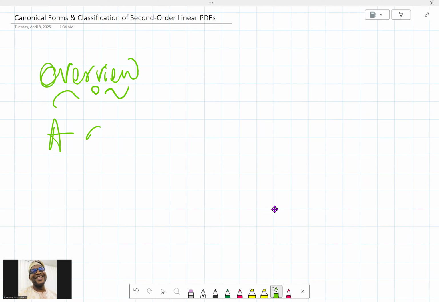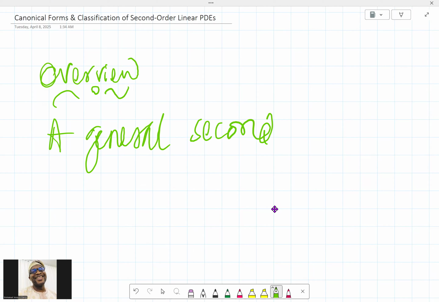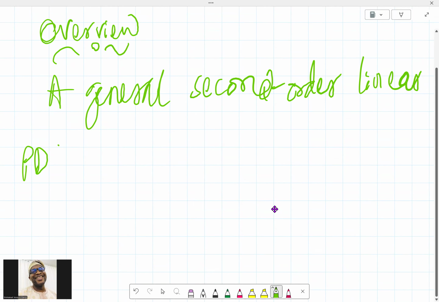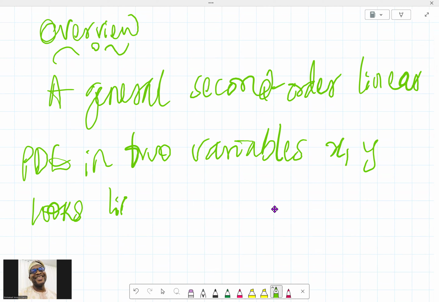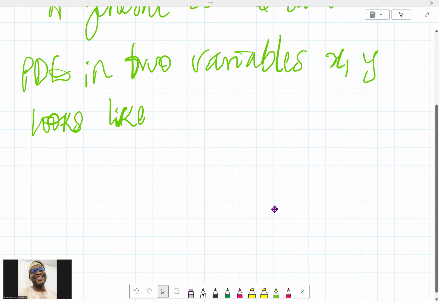We know that a general second order linear partial differential equation in two variables x, y looks like this. Now we've seen this a couple of times.